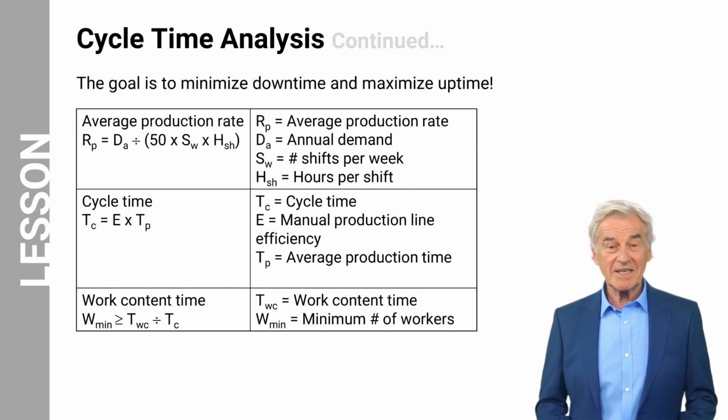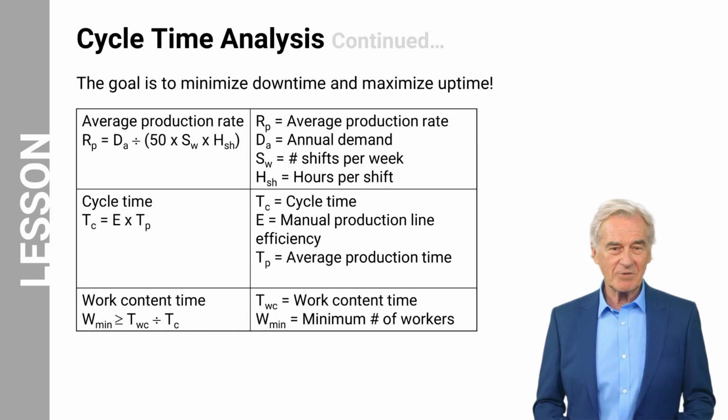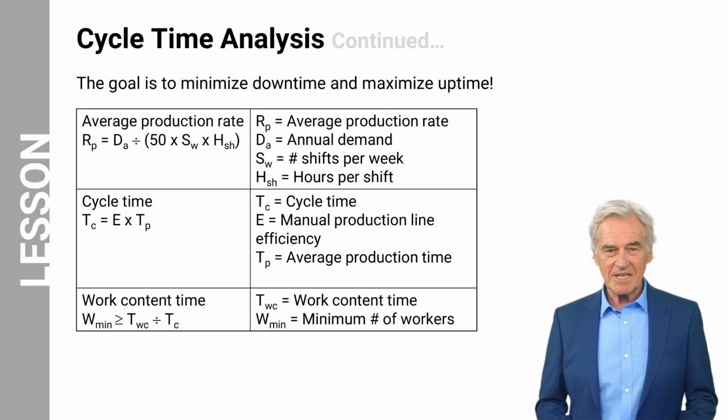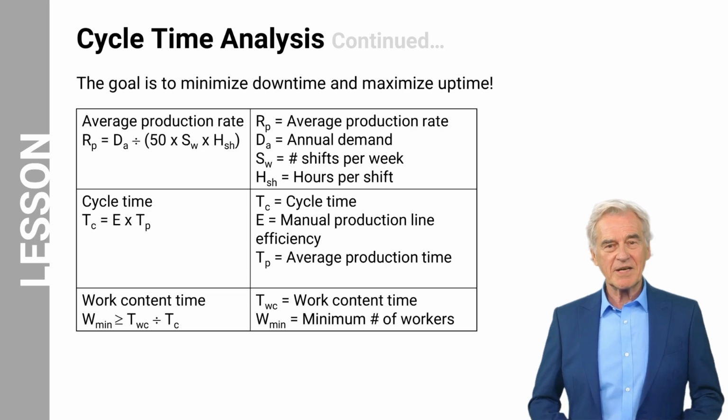The equations shown here are used in cycle time analysis. The average production rate for a manual production line can be represented by the equation shown at the top of the table. RP in the equation represents the average production rate in units per hour. dA in the equation represents the annual demand for the product in units per year. SW in the equation represents the number of shifts per week, and HSH represents the hours per shift.